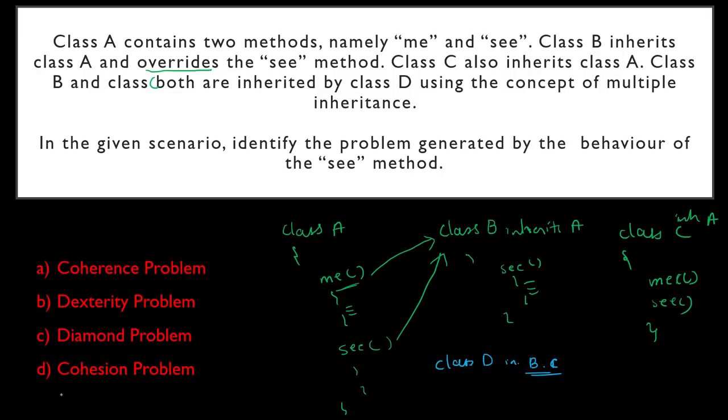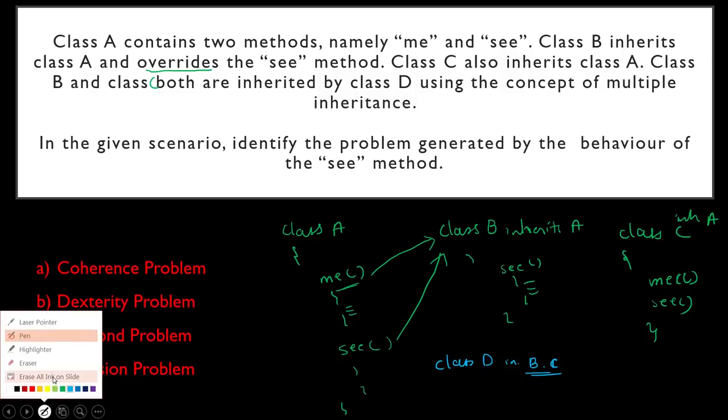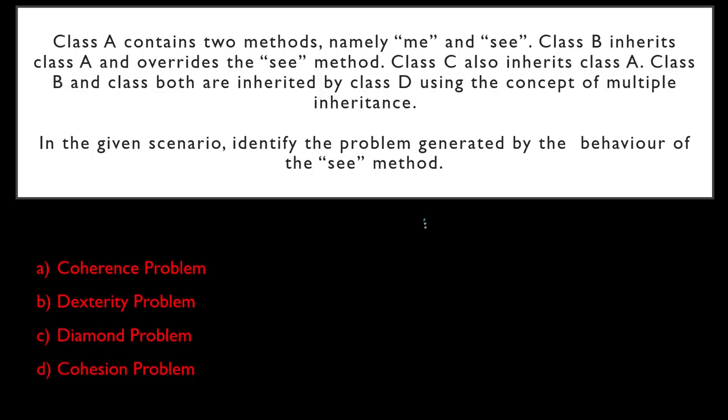So what is the problem they are asking about? Let us suppose this is class A. Let us draw this, and if you draw this you will come to know the answer. Class B is inherited from class A and class C is also inherited from class A, right?